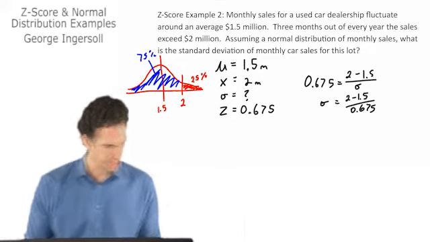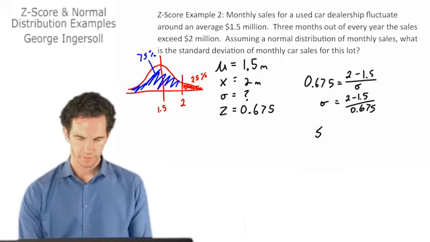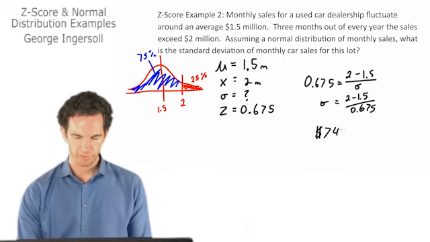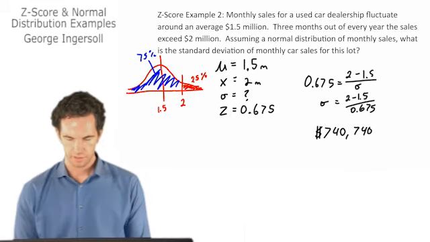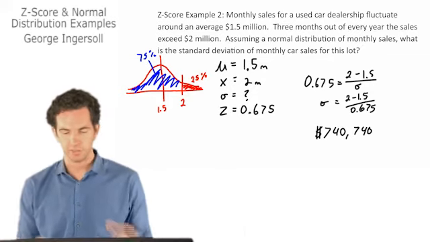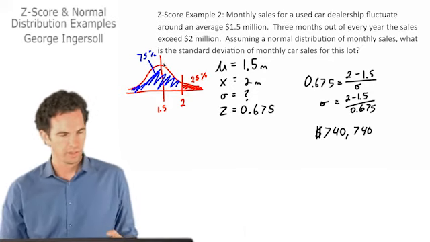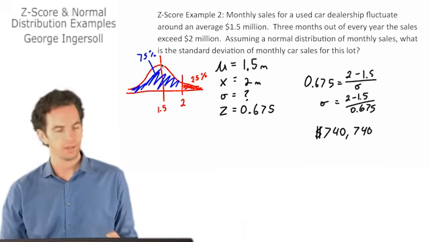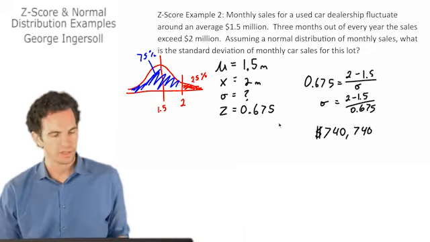And solving for that, we get a value of 740,740. That's our standard deviation. So we're saying, all right, if average sales are 1.5 million, and we've solved for our standard deviation, it's about 740,000.